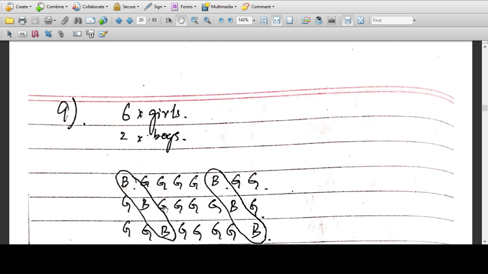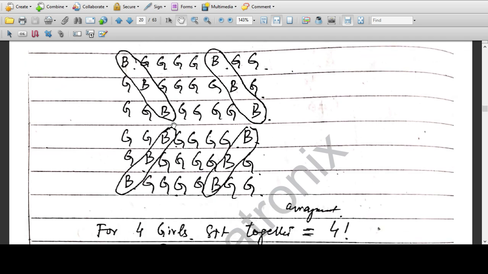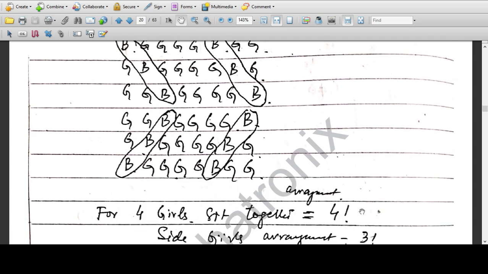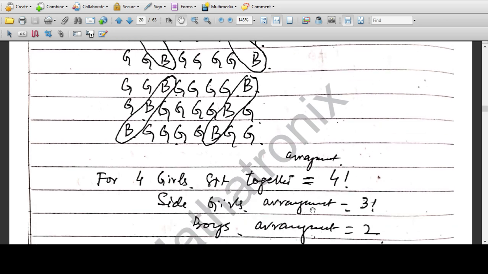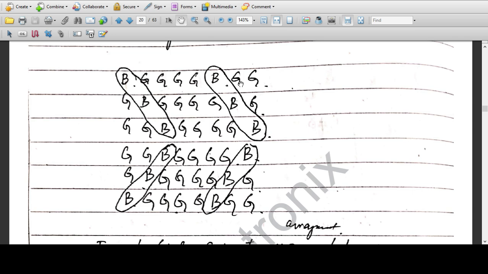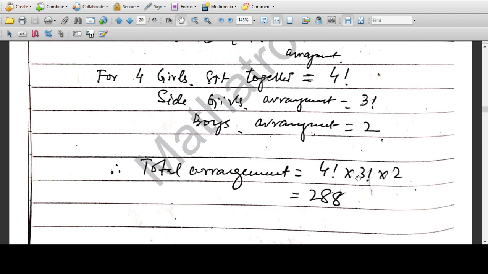So in this case, the 4 girls sit together in 4 factorial ways, and the remaining 2 girls are arranged with the block of girls and boys, that is 3 factorial, and the boys' arrangement is 2 factorial, that is 2. So the total arrangement is 4 factorial into 3 factorial into 2, which is 288.